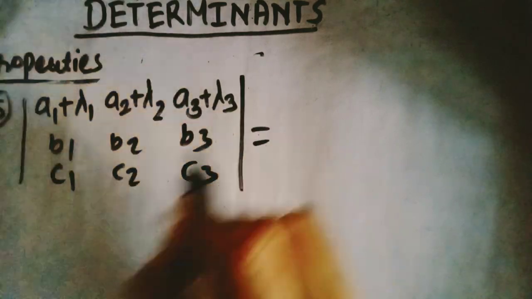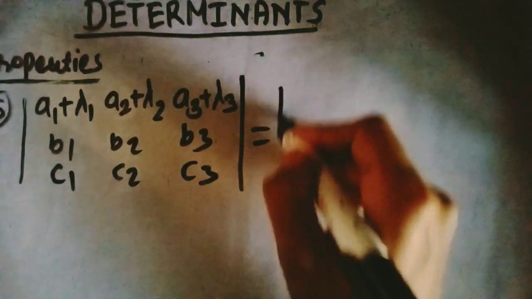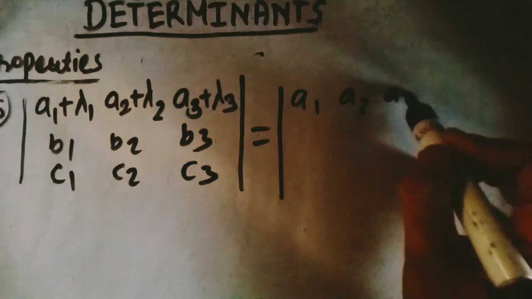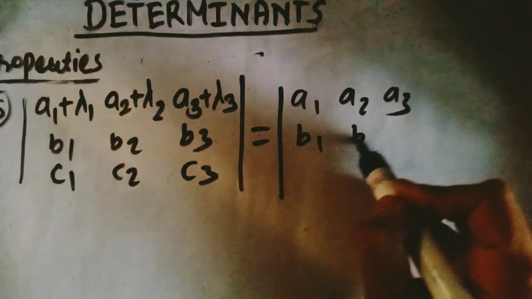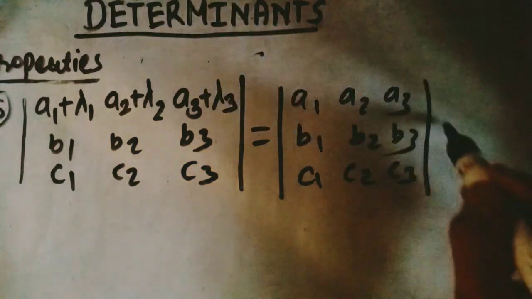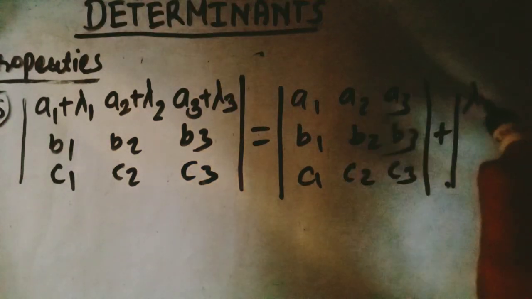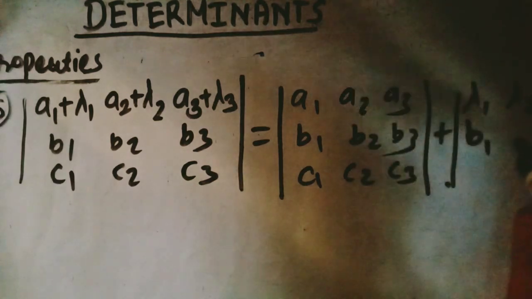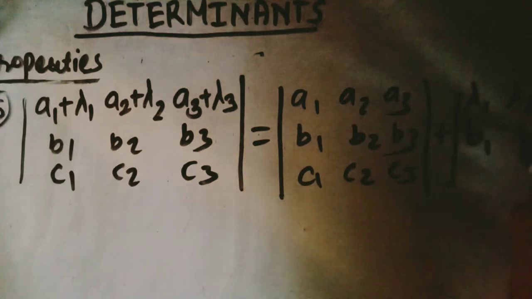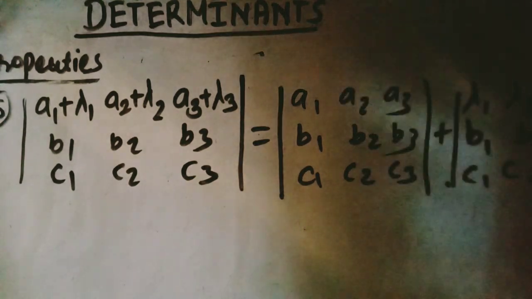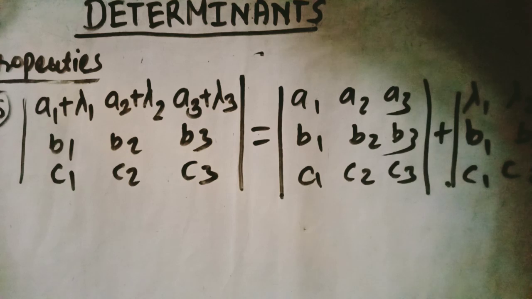Then we can express this determinant as a sum of two determinants, that is a1, a2, a3, b1, b2, b3, c1, c2, c3 plus lambda 1, lambda 2, lambda 3, b1, b2, b3, c1, c2, c3.